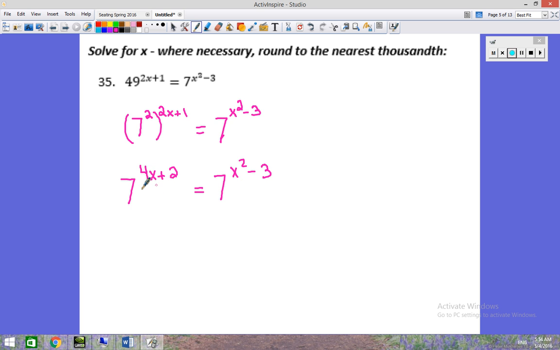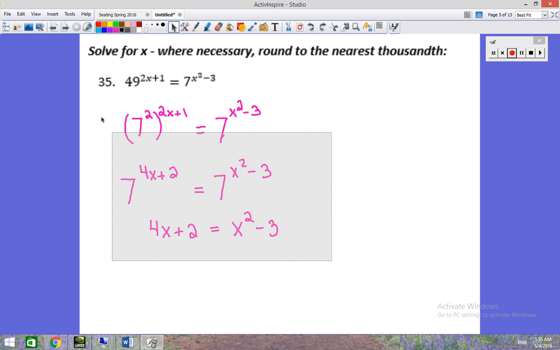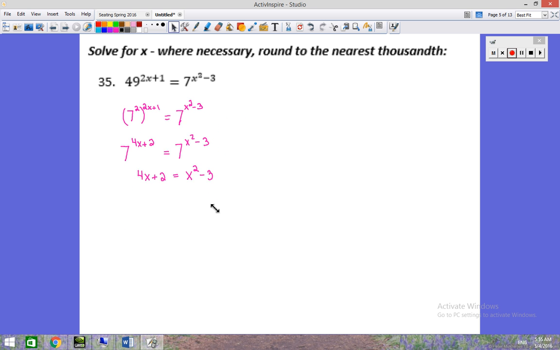By the fact that these exponential functions are one-to-one functions, if the number's the same and the base is the same, the exponents have to be the same. So this equation, they say that it is quadratic in x, that you can see that x is being raised to the 2nd power.